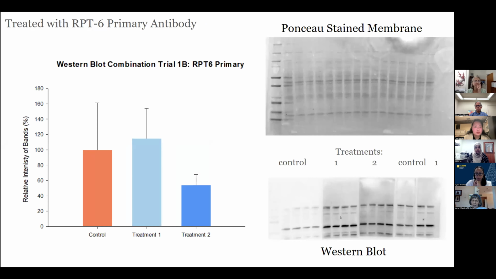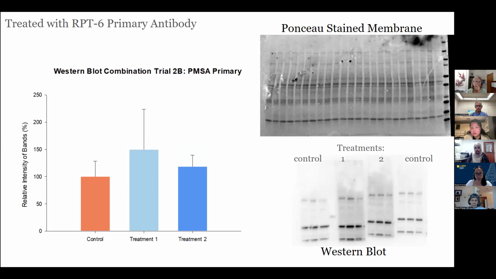And then in my second trial, the data was not significantly different, statistic-wise, but you could still see a similar trend in treatment 1, where treatment 1 performed better. Treatment 2 here, though, performed worse, so it had lower relative intensity bands than the control. Similar in the third trial, treatment 1 had the same trend where it performed better than the control.